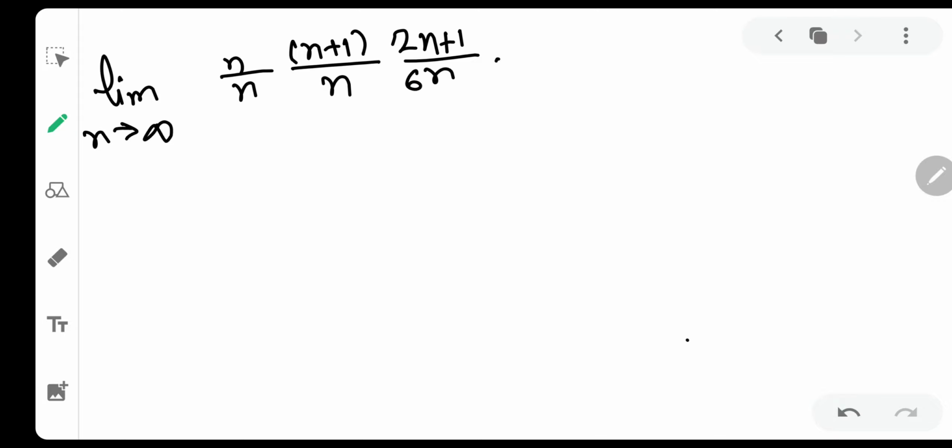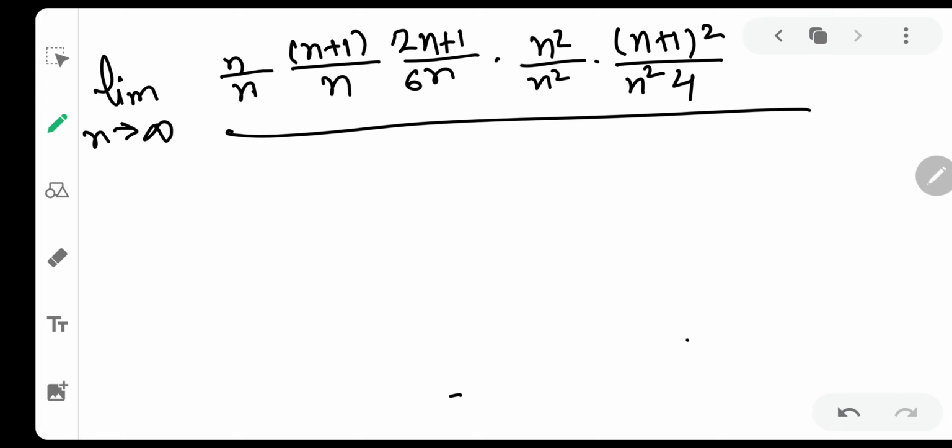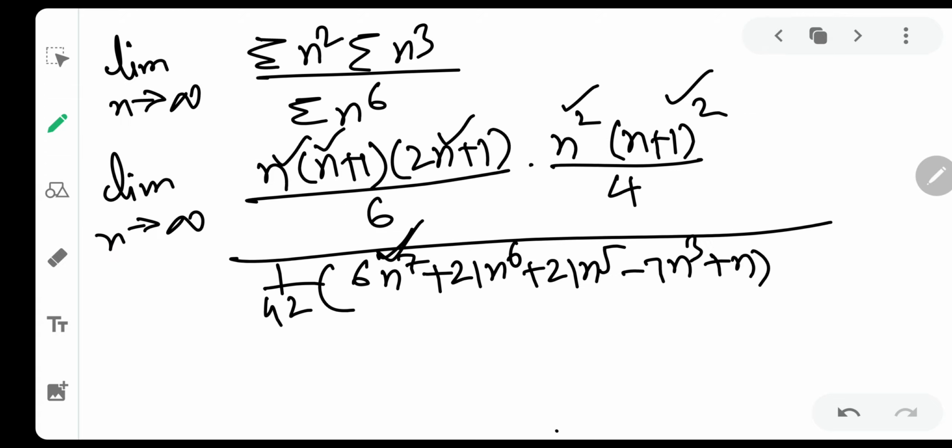So basically this sum will turn into n by n, (n plus 1) by n, (2n plus 1) by n, and there was 6 also, then n square by n square, then (n plus 1) the whole square by n square, and there was 4 also. So everywhere I have given the powers which were required, and in the denominator, 1 by 42, I am going to directly divide by n raised to 7.